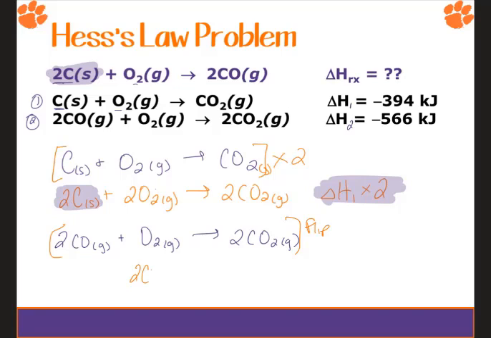So I have 2 CO2s that are gases, and that breaks down into carbon monoxide, 2 of those, and 2 oxygen gases. So for my delta H2, if I flip the reaction, I flip the sign on my delta H. So I'm going to put a little negative here to remind me to flip my sign. Okay, so now let's look and see what we have.